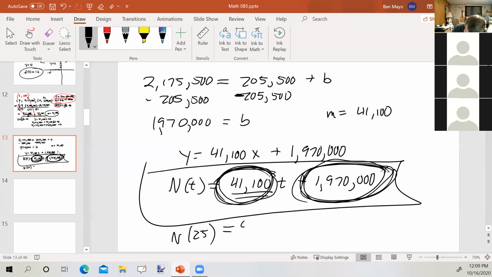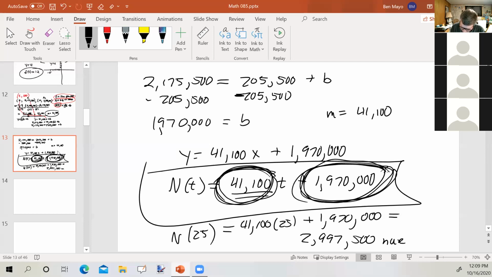All right. So that's going to be 41,100 times 25 plus 1,970,000. So we go to our handy dandy calculator and we've got 41100 times 25 plus 1970000. And let's see here. I come up with 2,997,500.